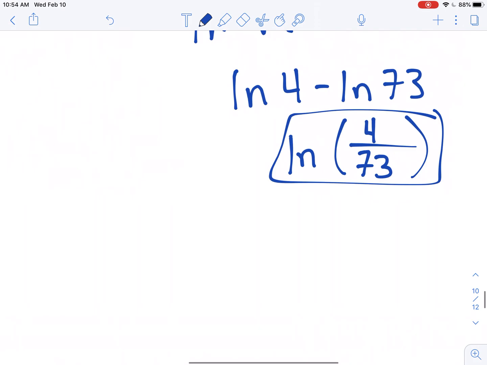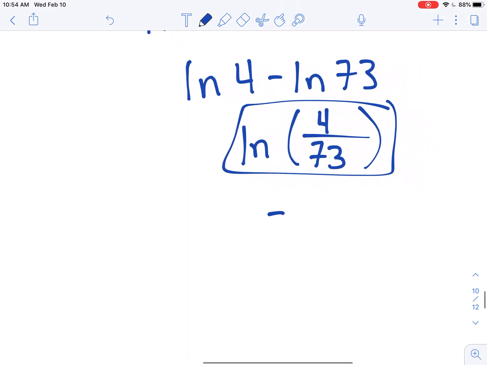Theoretically speaking, I could then go ahead and type in the natural logarithm of 4 divided by 73 on my calculator. And just for fun, let's go ahead and do that. So I will type in the natural logarithm of 4 divided by 73 on my calculator, and I will find that this is equal to negative 2.904.